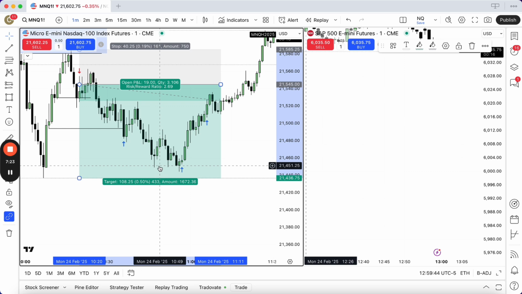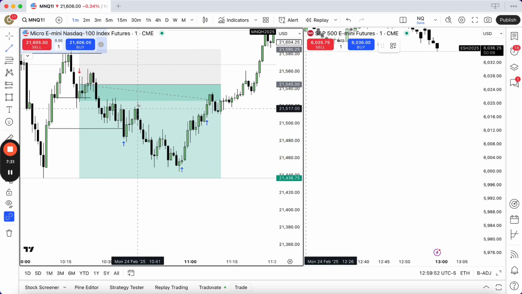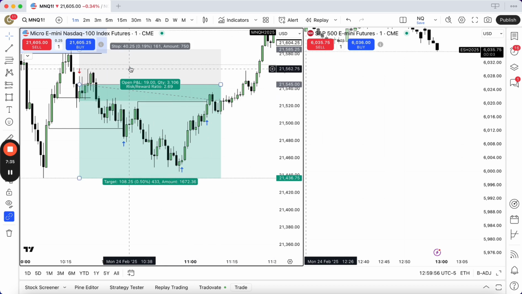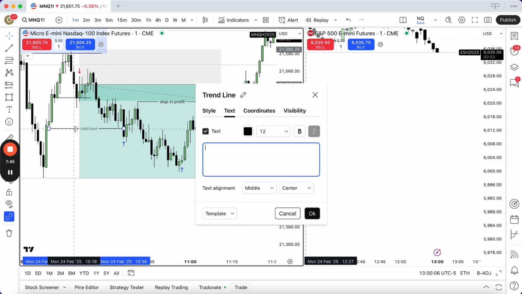So why did I sell here? Why did I sell at 457? And then obviously this sell right here was me getting stopped in profit. I moved my stop from this protected high to this right here. So this was stop in profit. Let me write this all out. This was TP1.